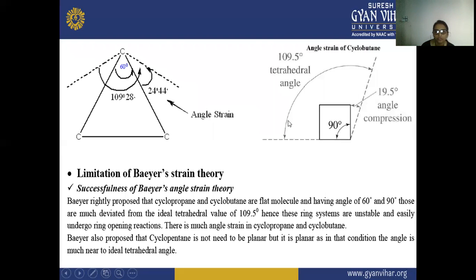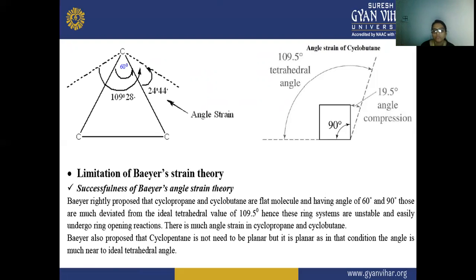In cyclopropane you can see the angle strain is 24 degree 44 minutes, and in cyclobutane the angle strain is only 19.5 degree.